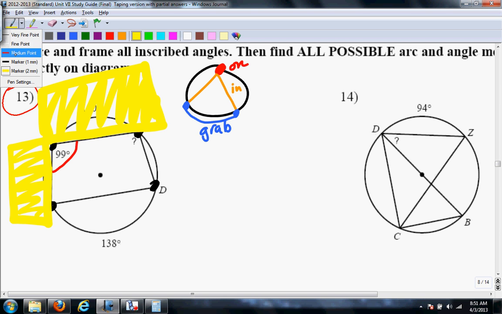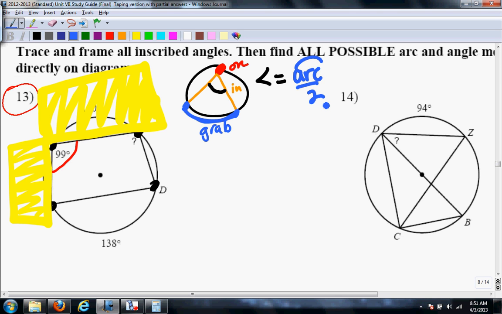Okay, an inscribed angle is half the arc it grabs, so this angle equals the arc it's grabbing divided by 2. The angle is half of the arc. So this 99 is going to be half of the arc it's grabbing, from here all the way to here.